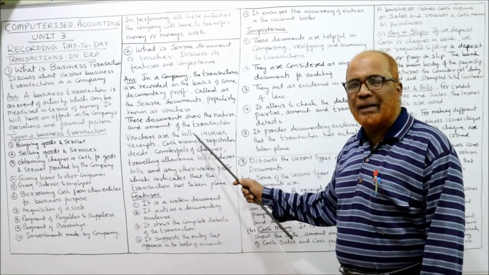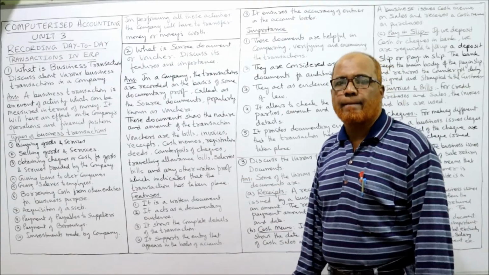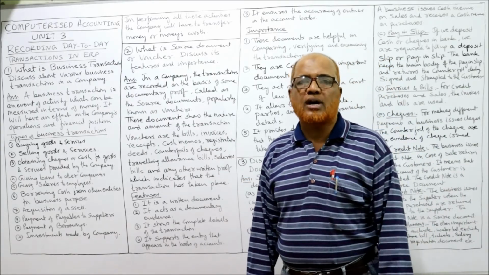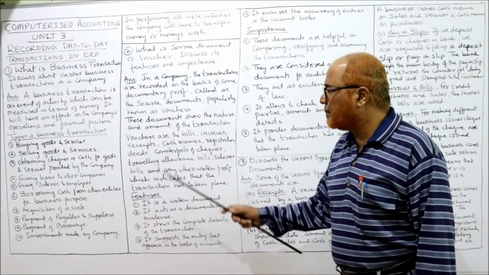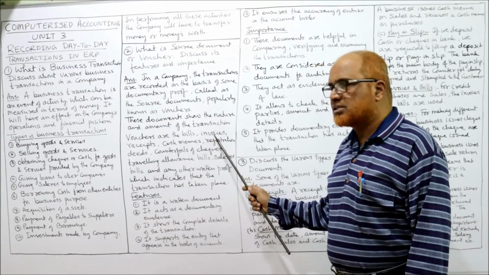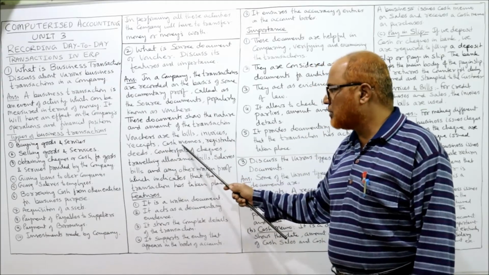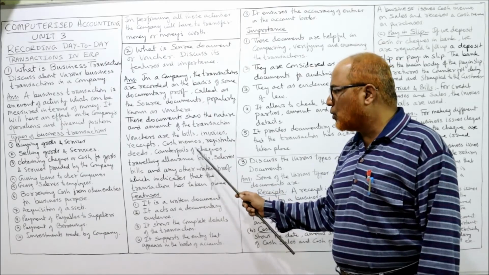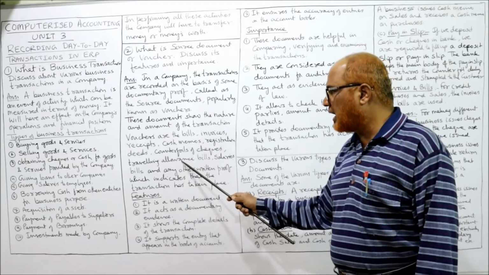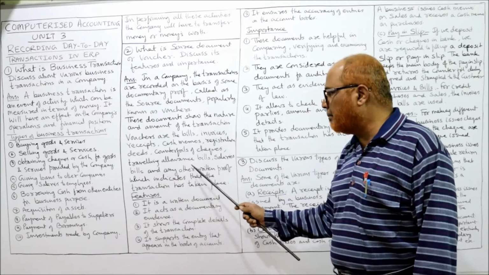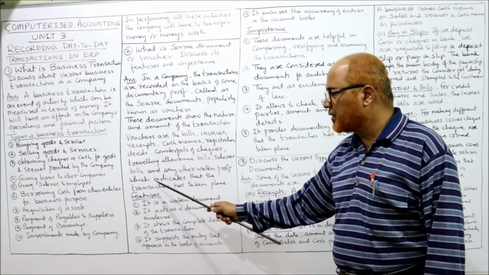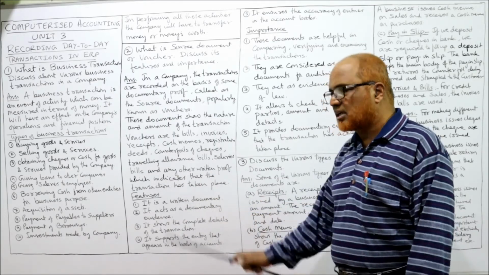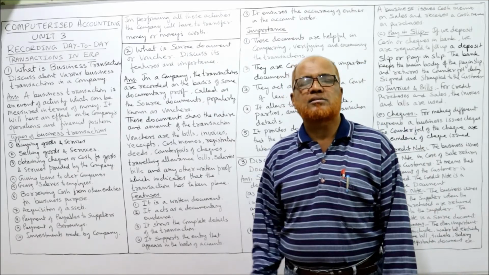Now examples of vouchers. A number of documentary proofs are there. Examples are bills, invoices, receipts, cash memos, registration deed, counterfoil of cheques, traveling allowance bills, salary bills, and any other written proof which indicates that the transaction has taken place.